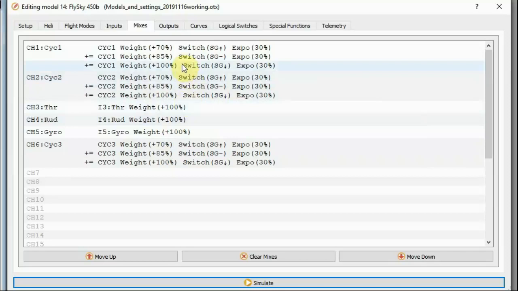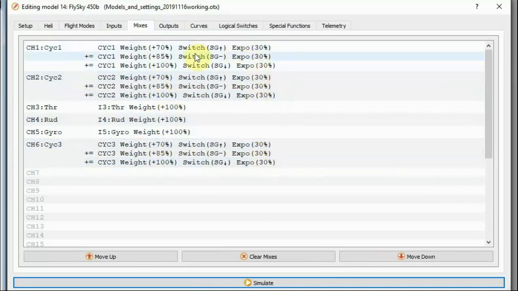So in order to avoid pitch changes causing tilt, if you're going to put any rates in here, you must put them in identically, both in respect of weight and expo for all three cyclics. So you'll see here I've got the same values in here: 70, 85 and 100, 70, 85, 100, 70, 85, 100, and all with 30 expo.